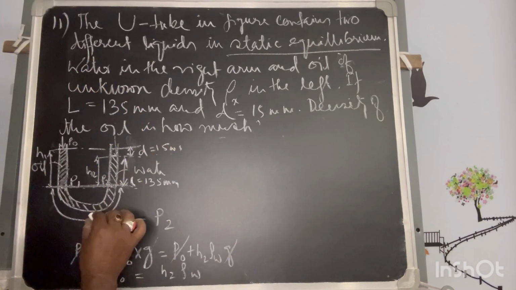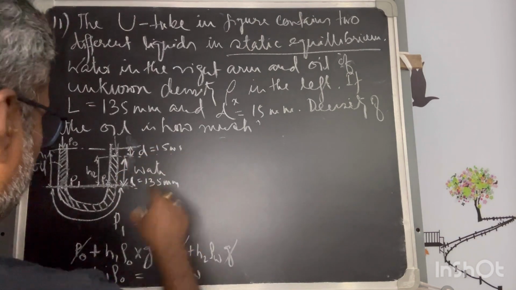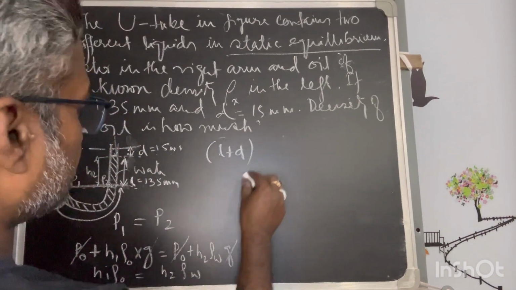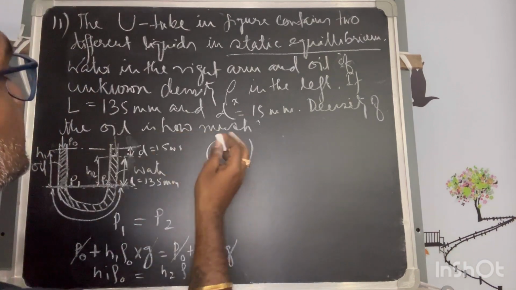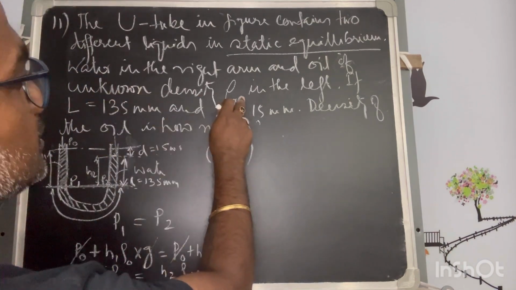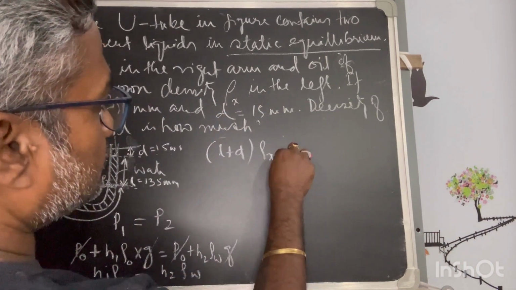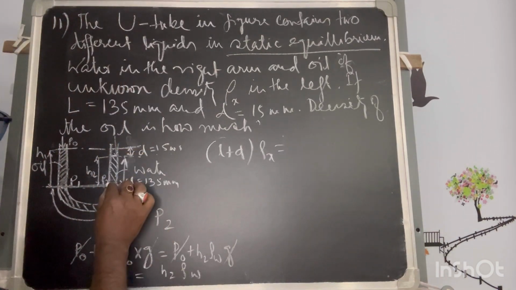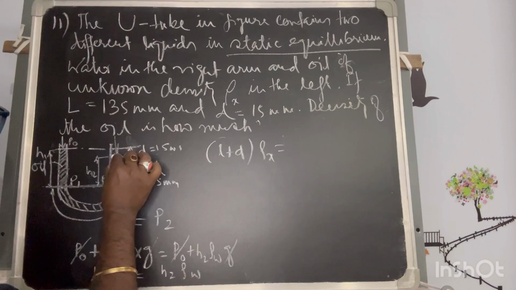This part is 150, this is L1, so H1 is nothing but L plus D, and the oil density is unknown, so it is rho x. On the other side, what is H2? The water level above this horizontal line is this much only.